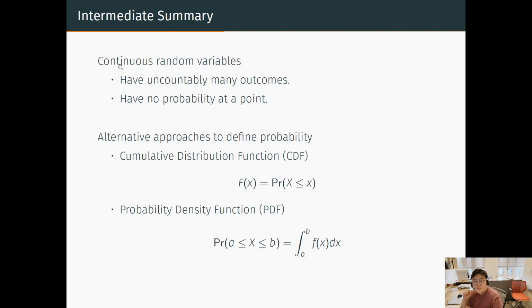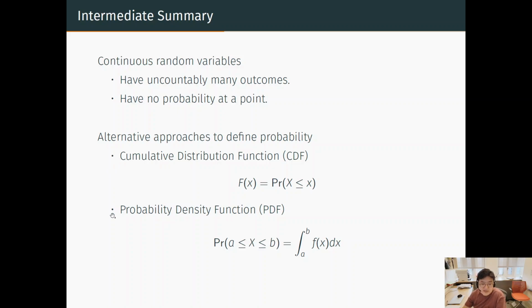Anyhow, summary so far. Continuous random variables have uncountably many outcomes, so one point cannot have any probability. Therefore, we have to think about alternative approaches based on inequality or area. When you think about inequality, we start from the cumulative distribution function defined by an inequality. And we learned the cumulative distribution function tells you different forms of probability.